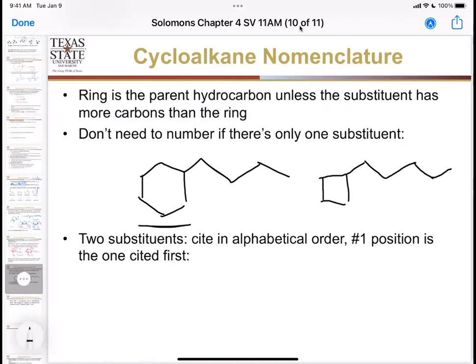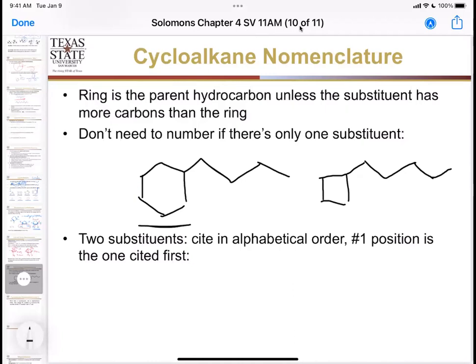So we're going to name this 1-cyclobutyl pentane. Notice I added the YL because it's now a substituent. Same rules apply. You look at the longest number of carbons, either in that ring or in the longest straight chain. Okay, questions on that?